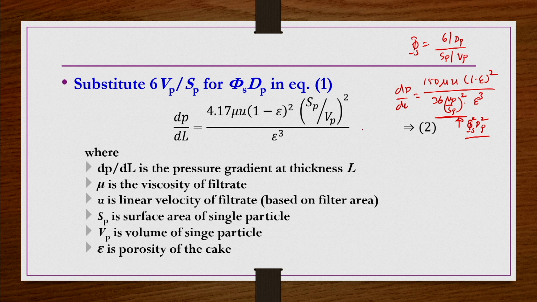But this equation is taken on a single particle basis, surface area and volume of a single particle. In general the suspension is made up of several different types of particles, with different sizes and different shapes.